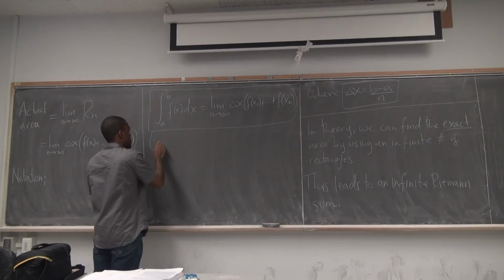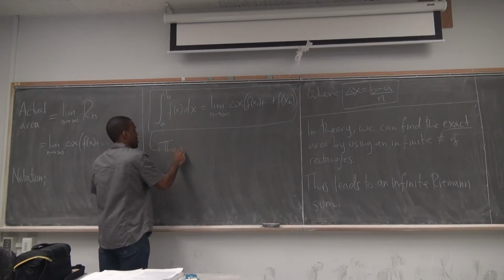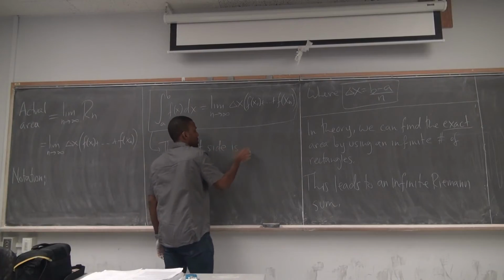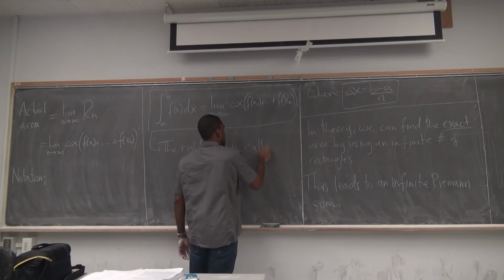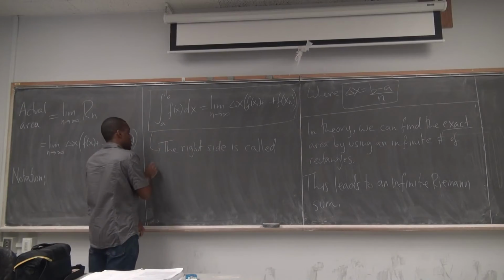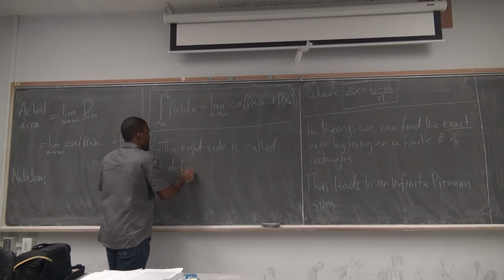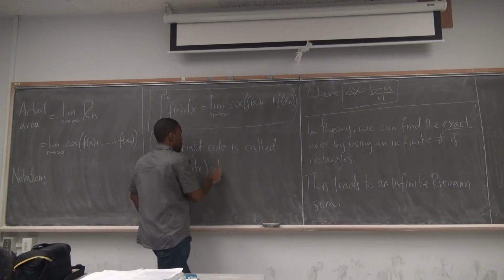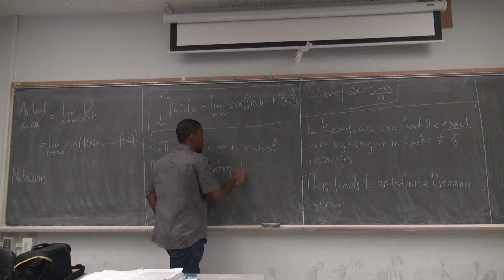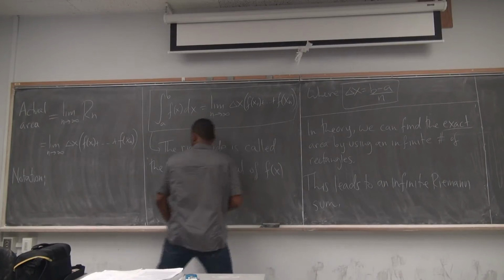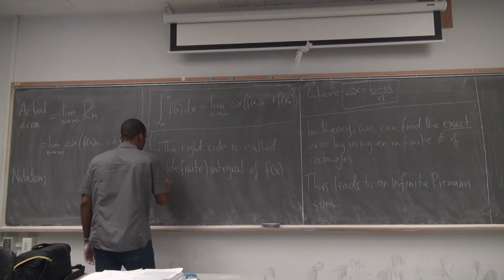The right side we call the definite integral of f of x on AB.